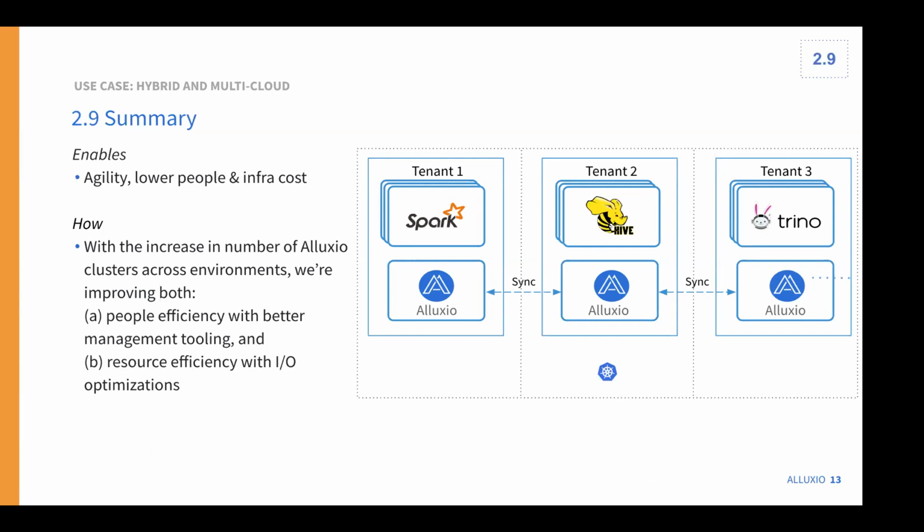With what we've showed, it's reducing the cost of using multiple instances of Alluxio across environments, and the tooling that we showcased for operations, but also the efficiency improvements that we showcased with the paging worker storage and IO optimizations is further driving down the cost of such an infrastructure as well.